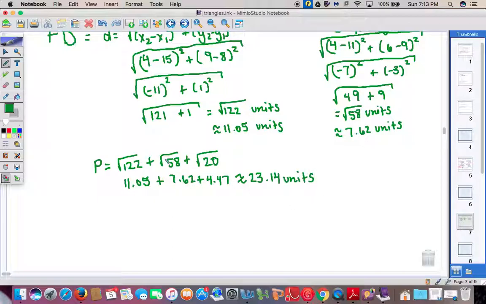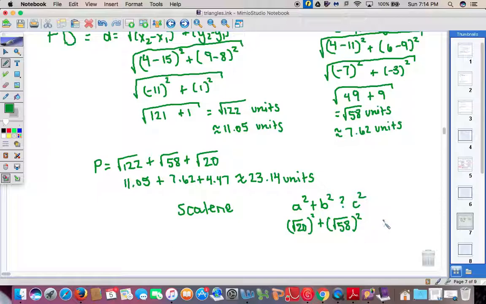Okay, again, each of these sides is different, so this would be a scalene triangle. Okay, and we can determine what a squared plus b squared is, and how that's related to c squared. Okay, so if we go in order, remember a is always going to be your smallest. So that's going to be the square root of 20 squared plus b is the square root of 58 squared.